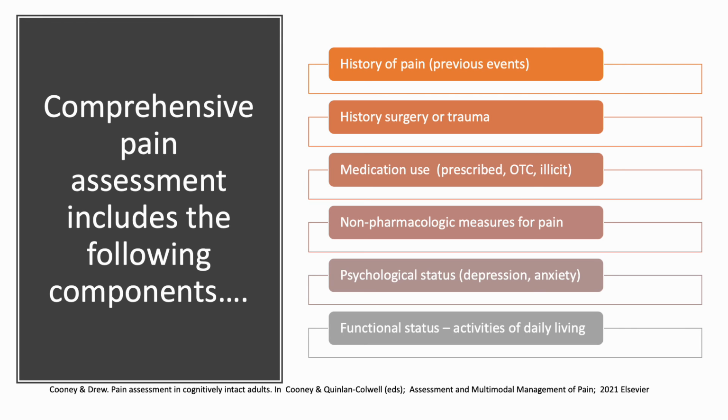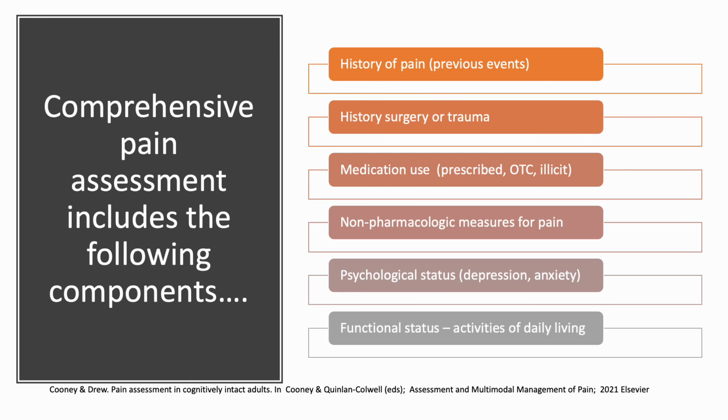Are they using non-pharmacologic measures? Like my patient the other day saying that he had a Reiki healing, and he had a psychic healing that he felt helped this pain. Is there comorbid depression and anxiety? And with people with chronic pain, if we're not treating the pain and the depression and anxiety, it may be hard to treat the pain.